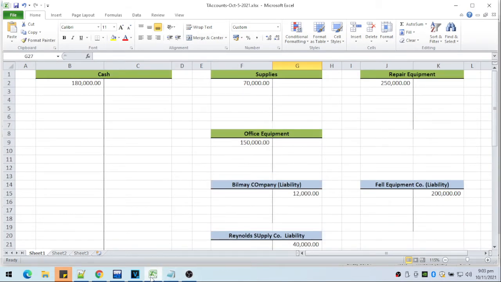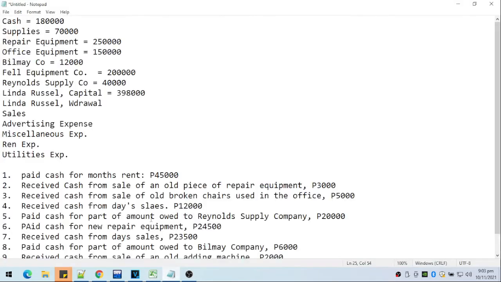So let us now post our first transaction. It says here: paid cash for month's rent amounting to 45,000. With this, what are the accounts that are affected? These are cash and rent expense.